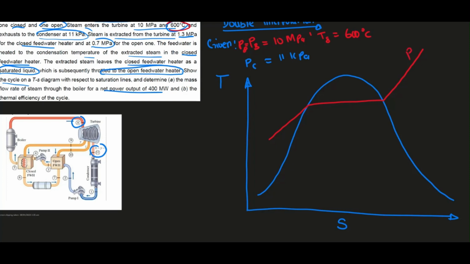So this is the boiler pressure line of 10 megapascal, and the lowest pressure at which this plant operates is the condenser pressure at 11 kPa. So I'll indicate that as well.